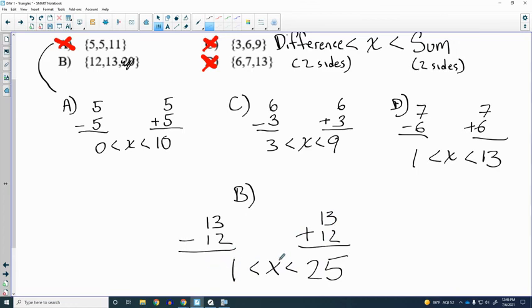The third side of the triangle that has the sides of 12 and 13 has to be less than 25, but greater than 1. Well, what number do I have here? I have 20. Guess what? 20 is less than 25, and it is greater than 1. Therefore, this can be a triangle. And that is the third side rule.